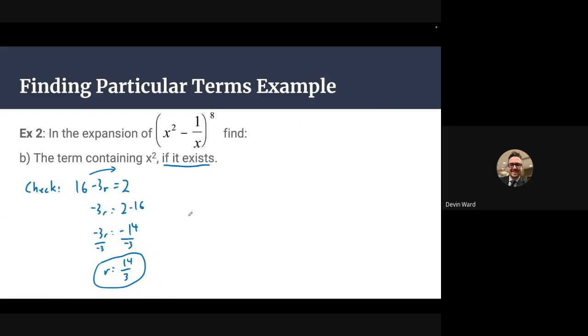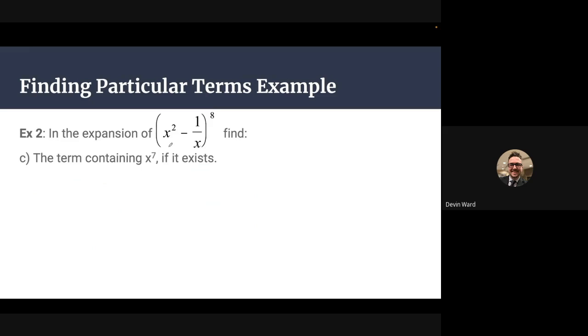And it has to be a whole number, it can't be a fraction. So it's not a whole number, therefore it does not exist. So in this binomial expansion, we won't have any term with an x squared on it. Okay.